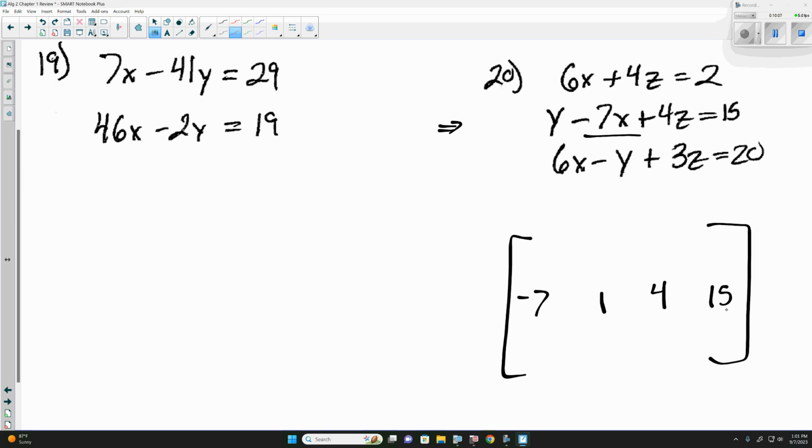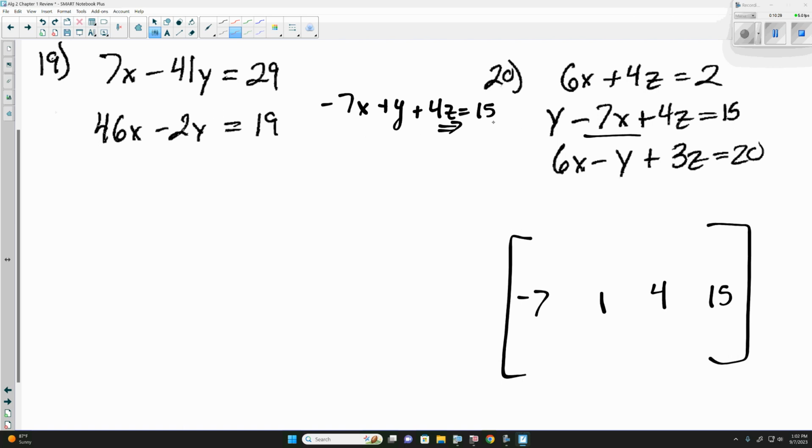We don't have to write it back out. We can, if it does help, rewrite it back as negative 7x plus y plus 4z equals 15 with it switched, or we can plug it in the correct order. Either way works.